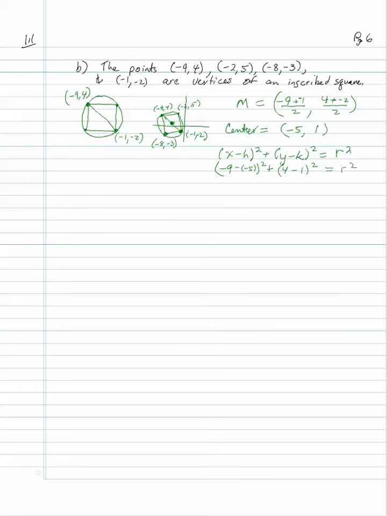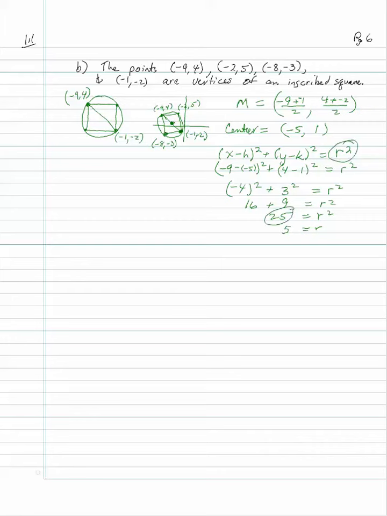And that's r squared. So I get negative 9 plus 5, which is negative 4, squared is 16, plus 3 squared is 9, so 16 plus 9 is 25. So r is 5. But I don't really care that r is 5, because to do the formula I just need r squared, which is 25.